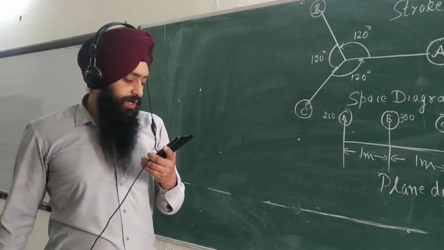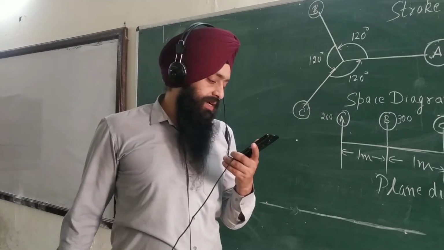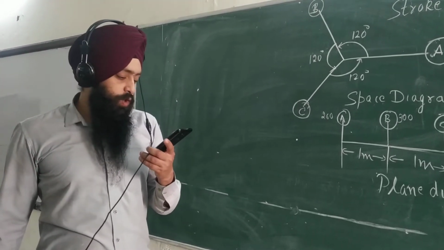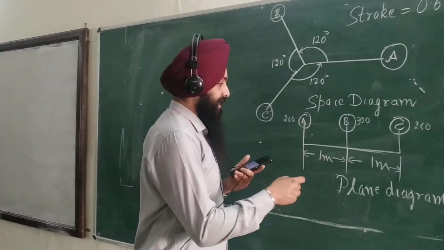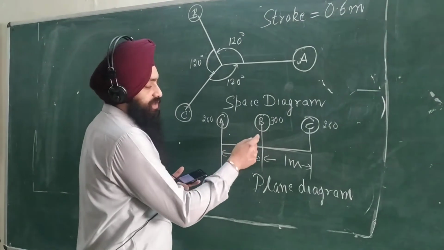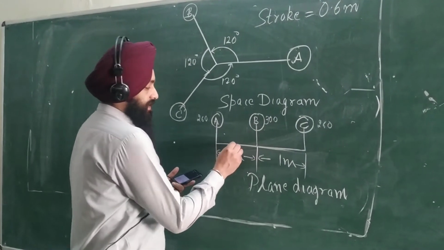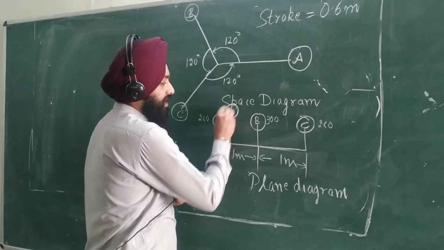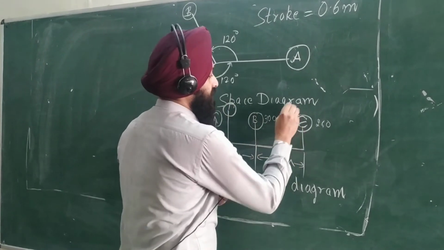And the planes of rotation of the balance masses are 0.8 meter from the inside cylinder. The distance of the plane of the balancing masses is 0.8 meter from the inside cylinder.